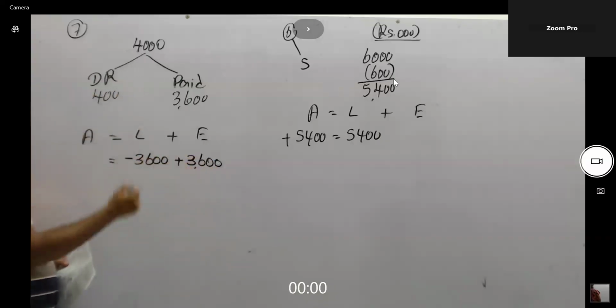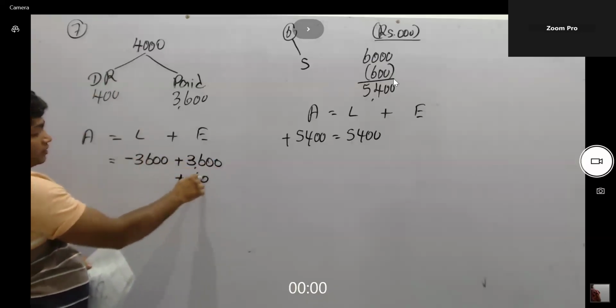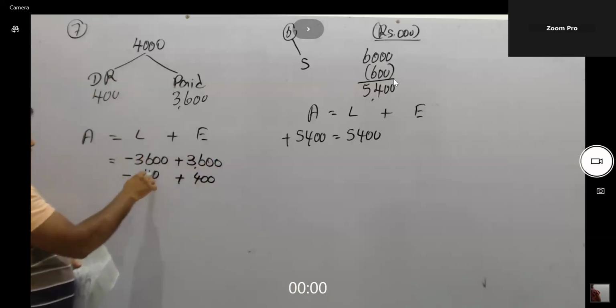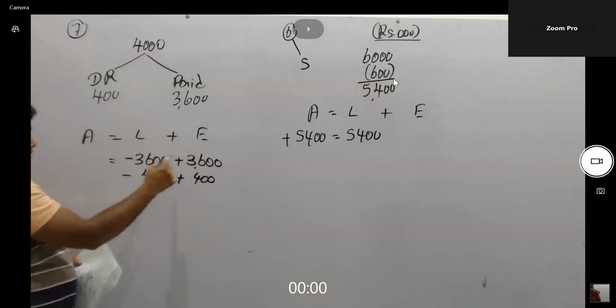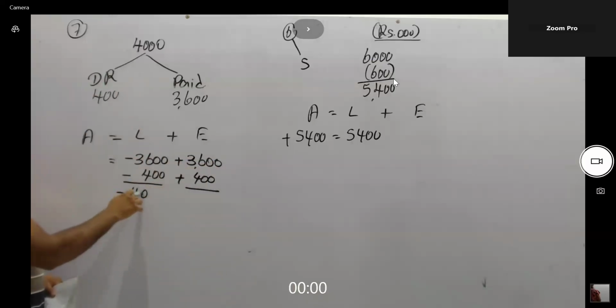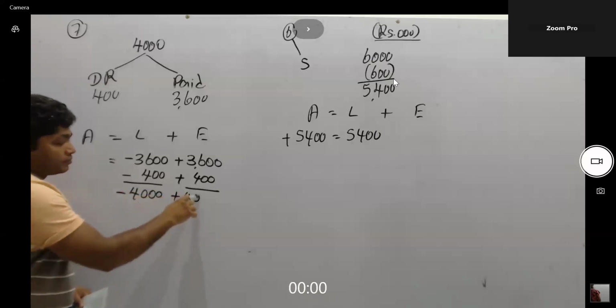Second, discount received, income, equity increase 400, and discount received also affects liability decrease. Discount received account credit, creditors account debit, double entry. Therefore, liability decreased by 4,000 and equity increased by 4,000.